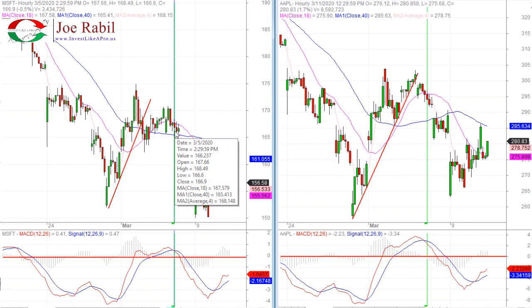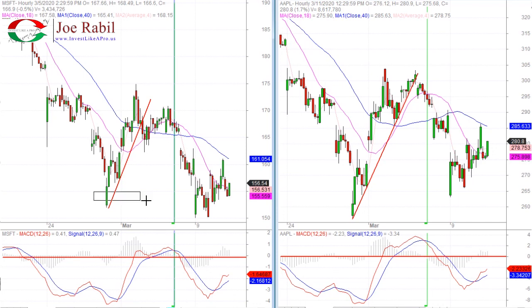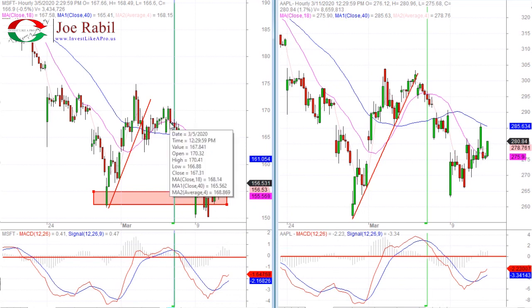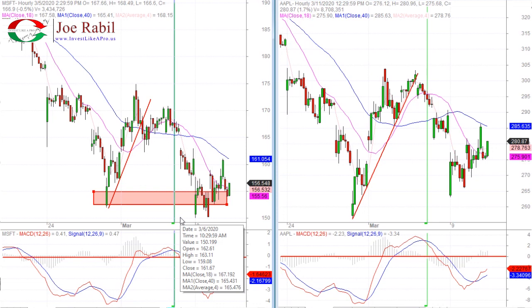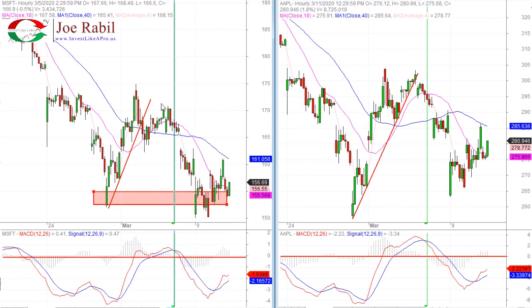If I know my target area is down in this zone, let's call it the mid 150s, and the stock is in the 165 to 170 zone, even looking at the 150 options, those are out of the money compared to where your target is. But if we get a move down to 155, something like that, these 150 options will explode. I think that's the best way to do it.